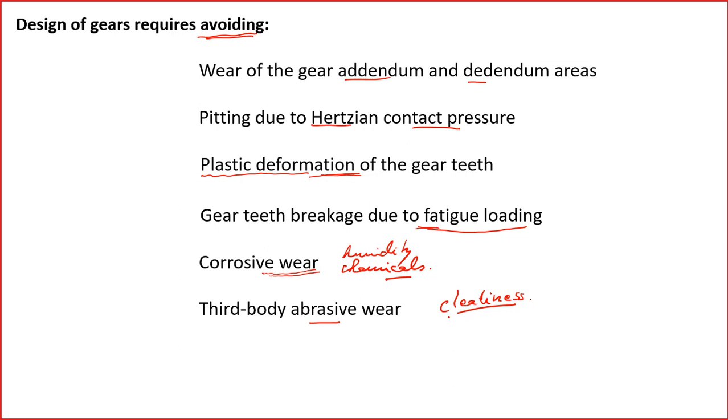So they are maintained clean. So cleanliness is very, very important. Otherwise, it will lead to third body abrasive wear. So basically, the gear life will be affected by load, then load distribution, materials, also temperature, lubrication film thickness, and the geometry, the finish, and the hardness of the material.